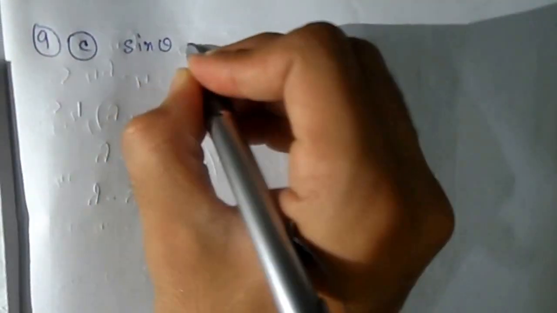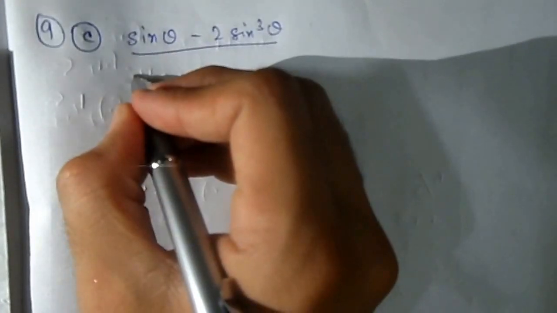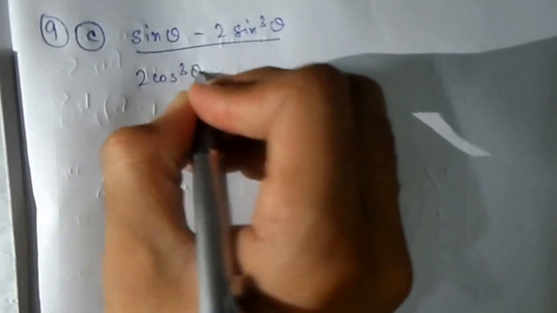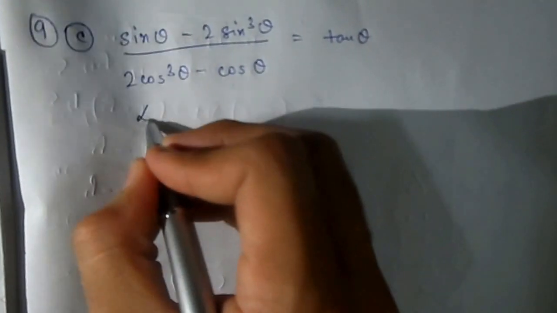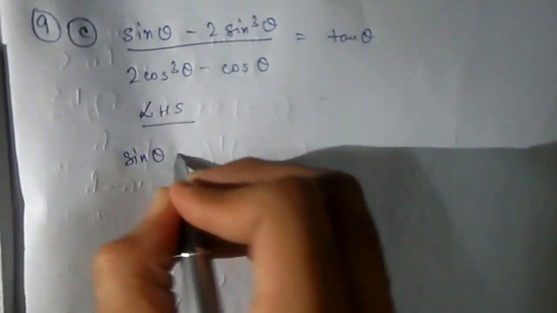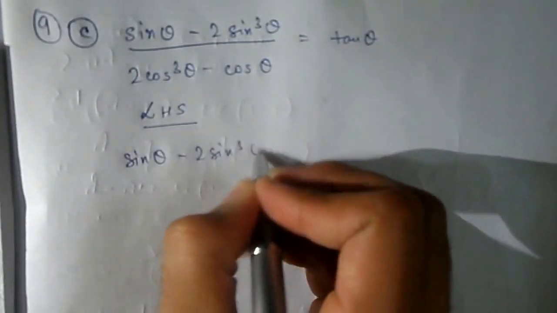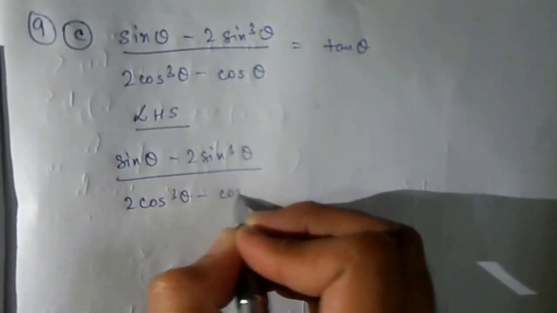We will solve the LHS, the left hand side, first: (sin theta - 2 sin cube theta) divided by (2 cos cube theta - cos theta).